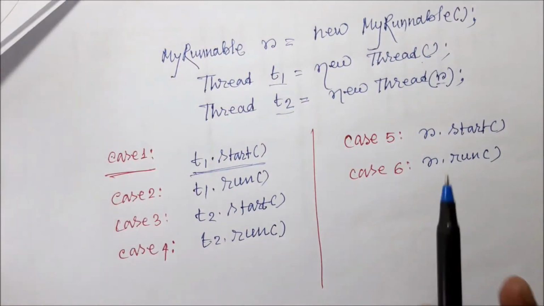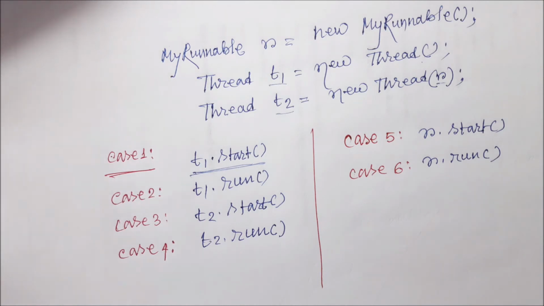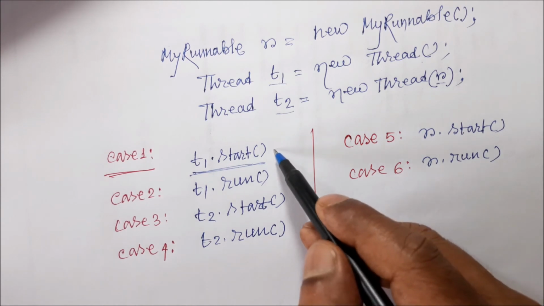So in case 1 a new thread is created that is responsible for executing the run method of the Thread class, but that run method is an empty implementation, so I will not get any output. It is clear for the first case.